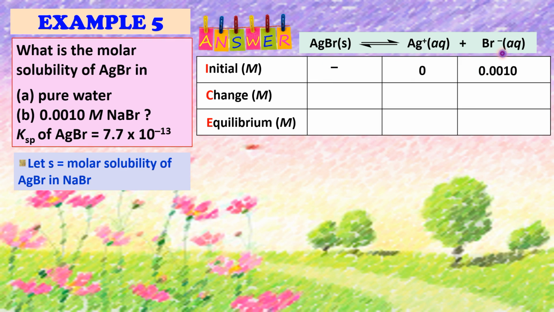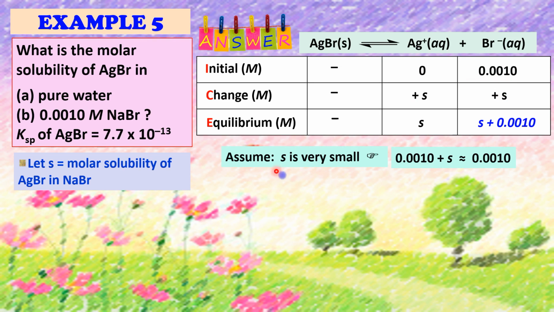However, bromide ion already exists, which is the concentration of NaBr, 0.001. As for the change, AgBr solid dash, Ag plus positive X, Br minus also positive X, since the coefficient for both ions here is 1. At equilibrium, AgBr solid dash, Ag plus is S, Br minus is 0.001 plus X.